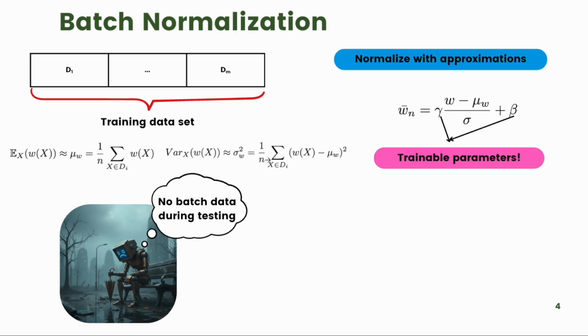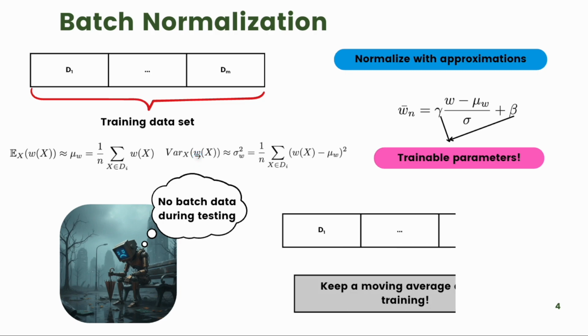The solution is very simple. While you're looping over the different batches in the training data set, you keep a moving average of the means and variances you've seen, right? As you iterate over these batches, you will compute some mean and variance for the batch D1 using these 2 expressions.